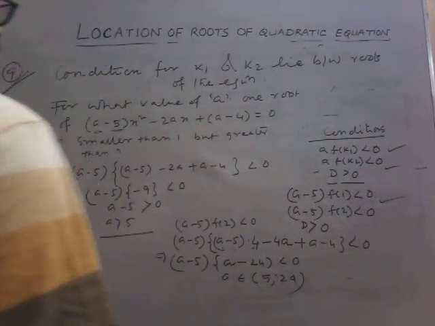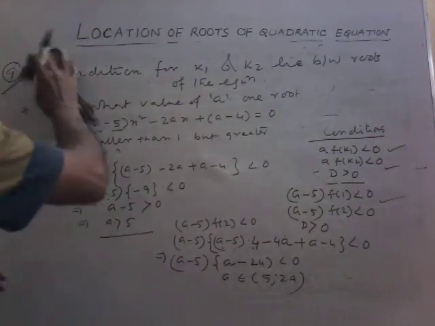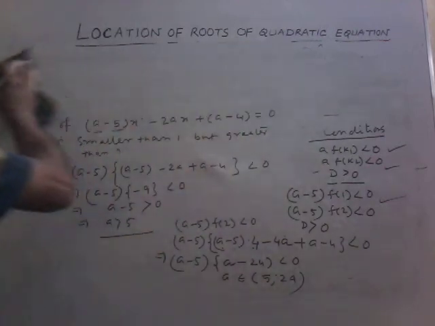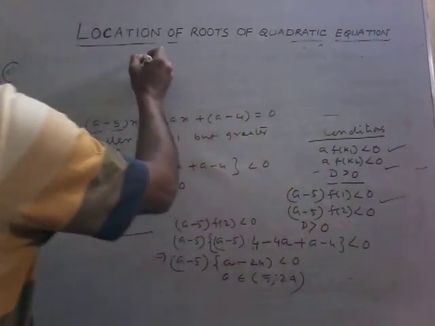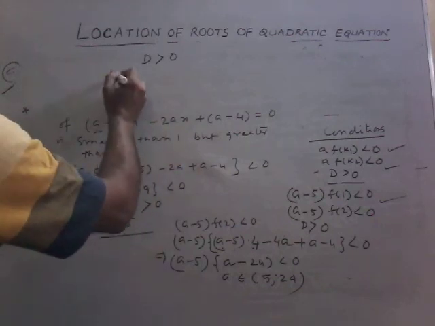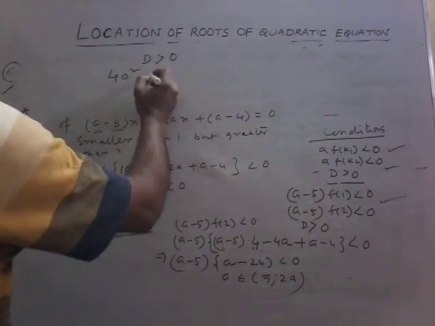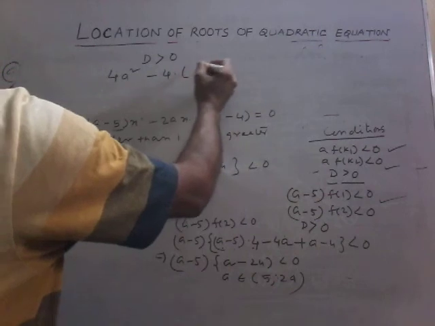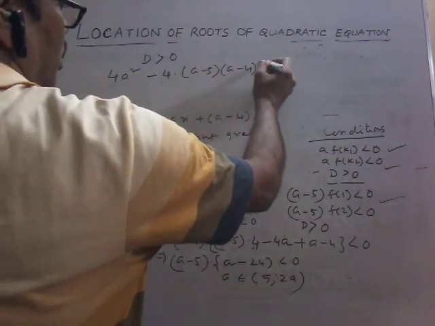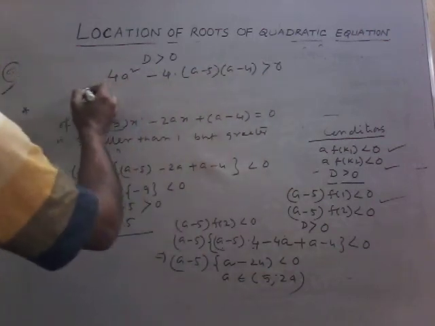Now the third condition. What is the third condition? d greater than 0, the discriminant. So 4 square minus 4 into (a minus 5)(a minus 4) greater than 0.